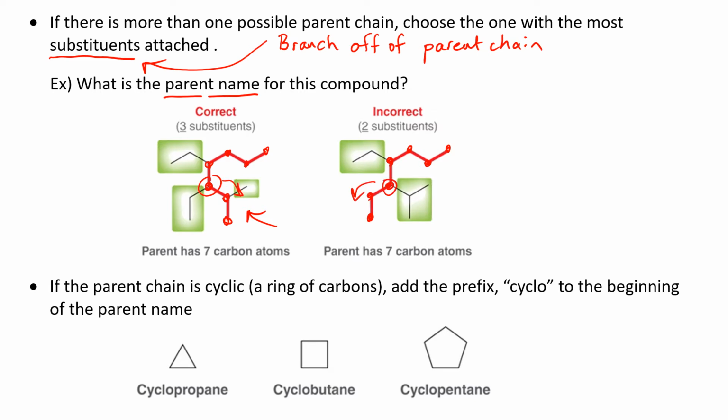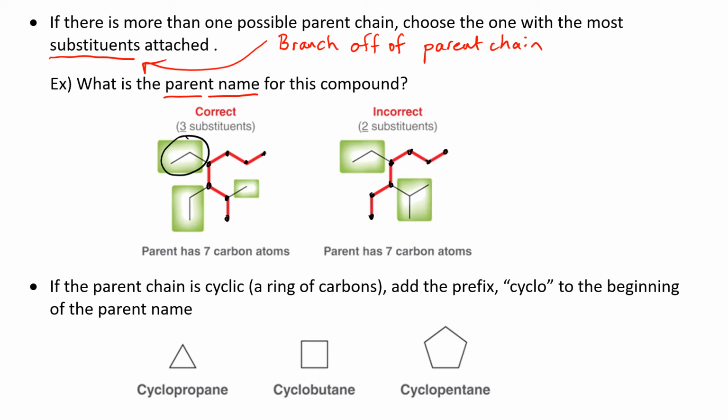All right. So the difference is that, let's look at each carbon in our chain. 1, 2, 3, 4, 5, 6, 7. They both have 7. Now the rule to determine which is the correct parent name is which one has the most substituents or branches.